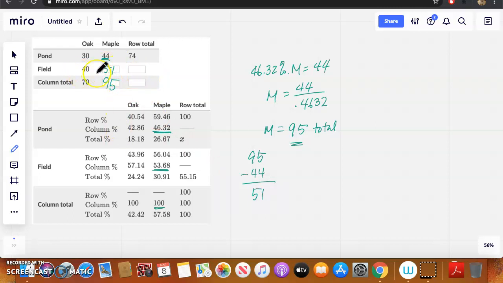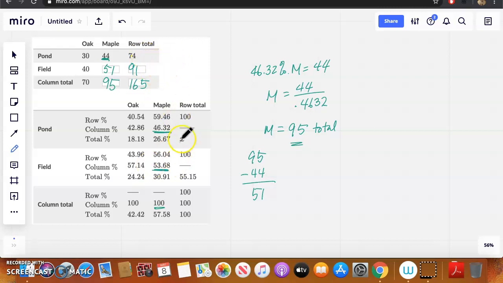And now we can add across to get our row totals. So 40 plus 51 gives me 91. Then you can add across for the row totals for these two numbers. So let's find the overall total. 70 plus 95, it looks like that's going to be 165 total.